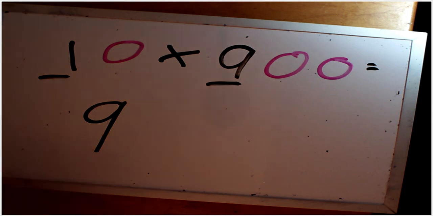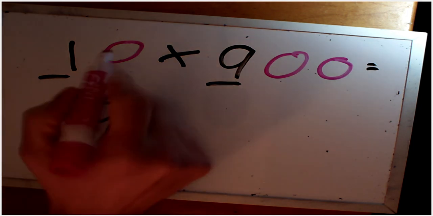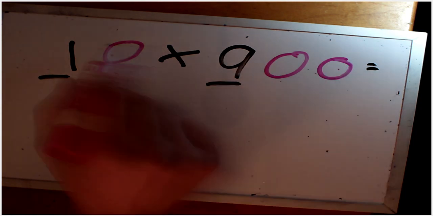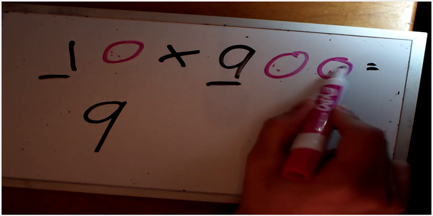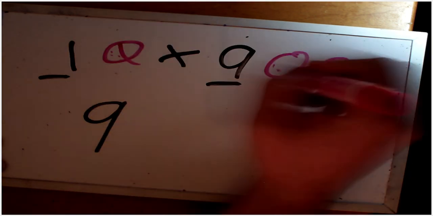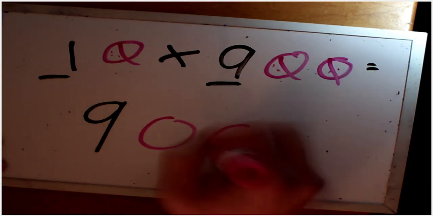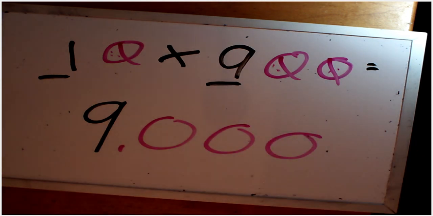Now let's add in those multiples of 10 zeros. 1 here, 1 here, 1 here. 1, 2, 3. 9,000.